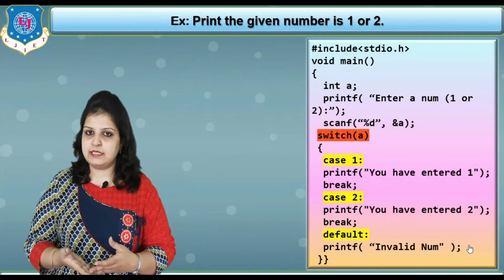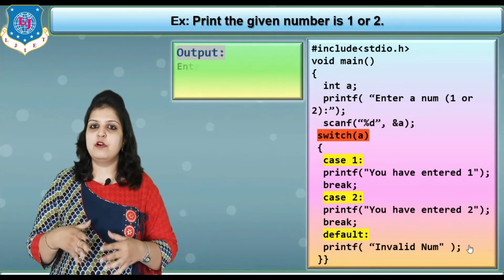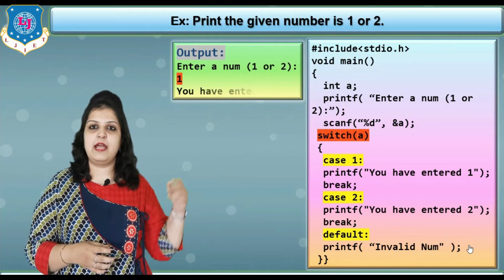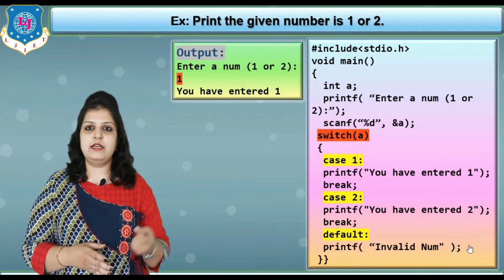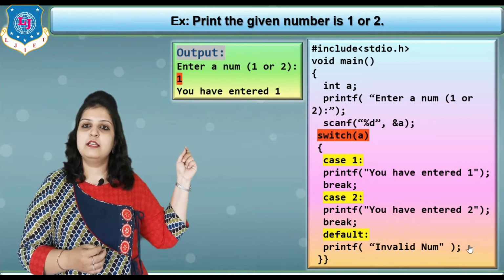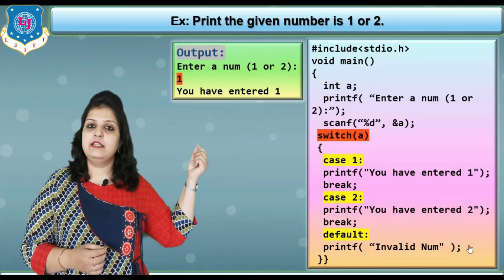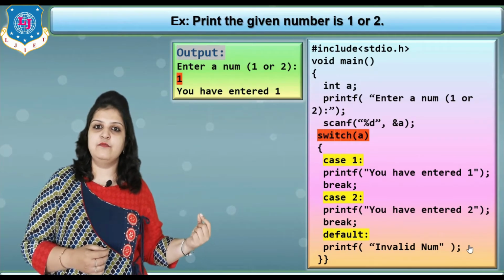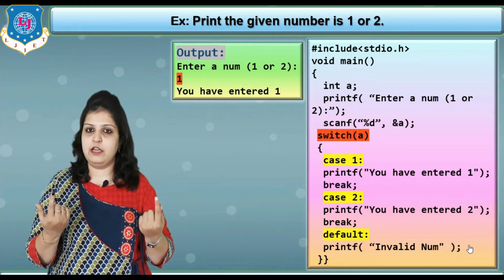How will the program execute? Just see our first output. First of all, when we execute the program, it asks to enter a number. Suppose I am entering the value 1. Then how will it check? In the switch brackets the value of our variable is 1, and our case value is 1, so both are matching here.